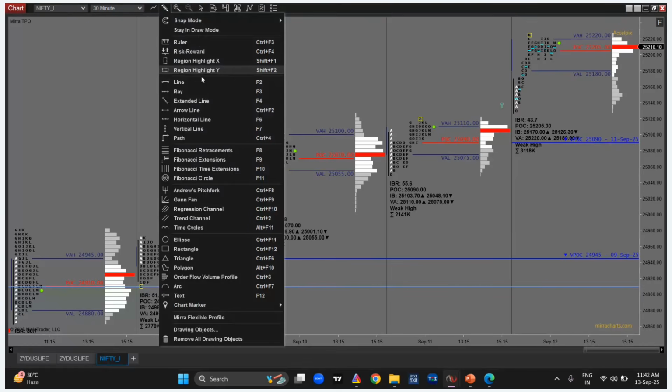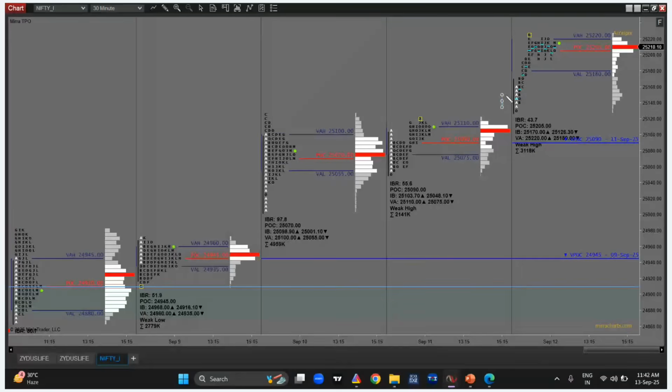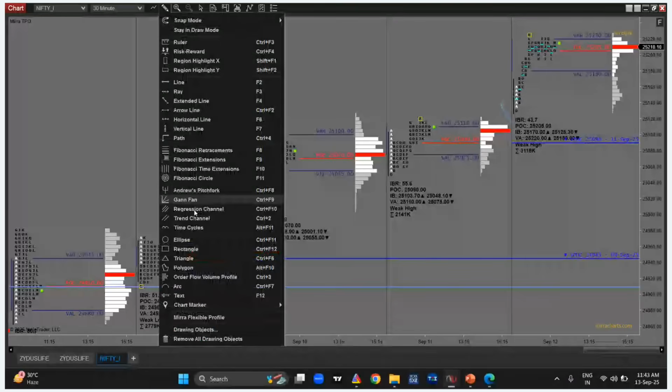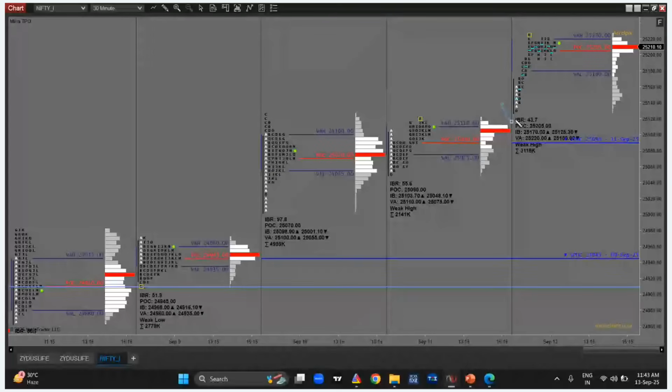So how an open test drive works, just see this. It opens here, comes here. It opens here, comes here, then it rejects this area, then it goes here, then it goes like this.